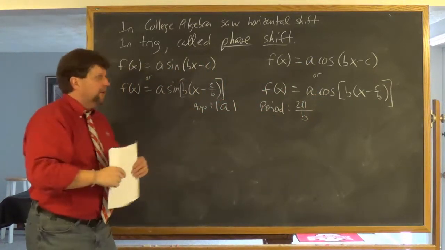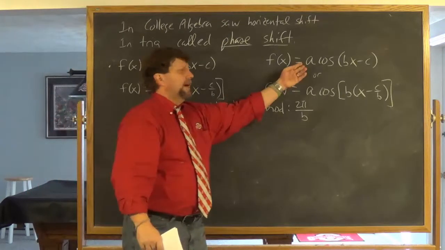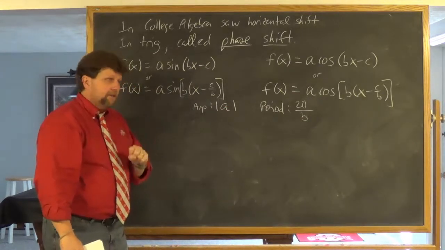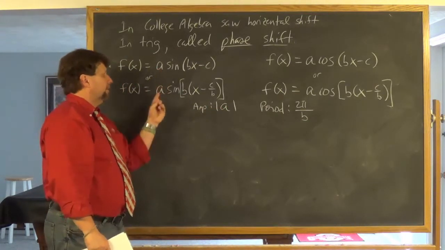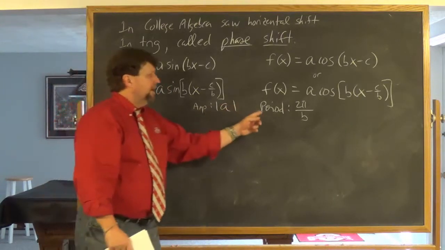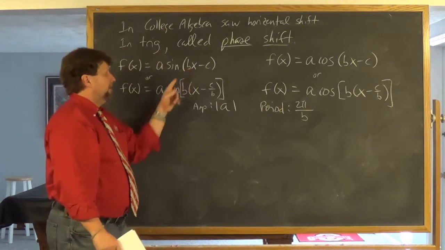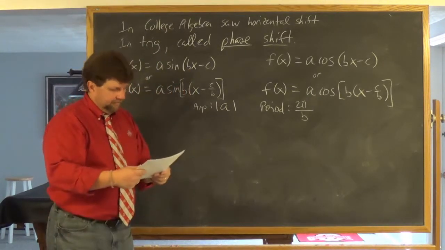It doesn't matter how it's written, this form, or if it's cosine, that form or that form. We already know the amplitude is going to be the absolute value of a, whatever that number is. And we know the period is going to be 2 pi over b, whatever the b happens to be.